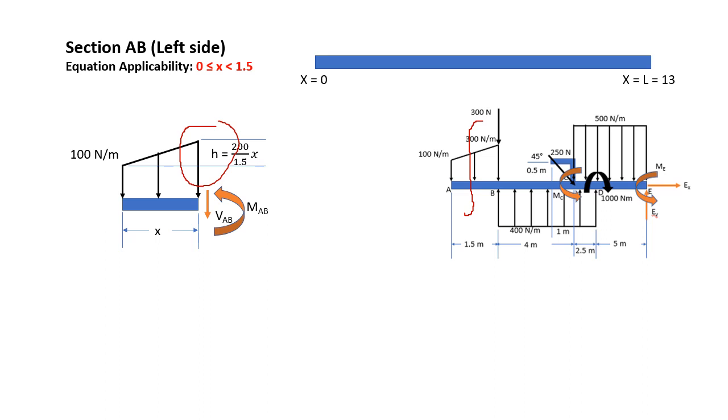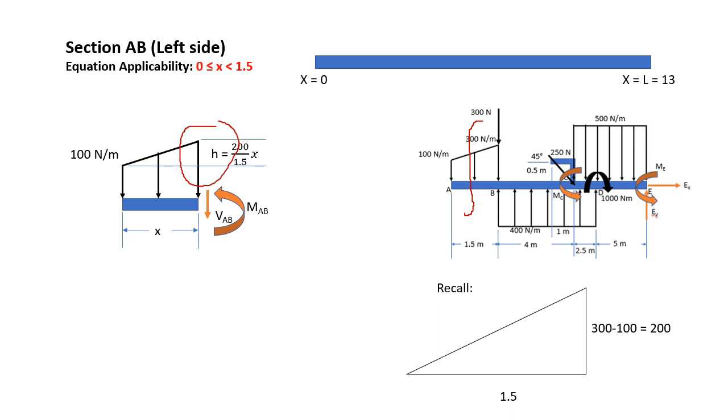Again, to recall, where did this come from? So we used similar triangles. Our triangle would have a base of 1.5, so that's the base of our trapezoid. And then the height of our triangle is the height in one side of our trapezoid, which is 300, minus the height of the other side, which is 100.